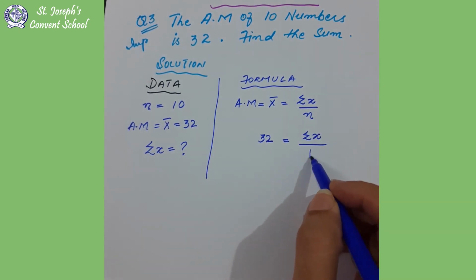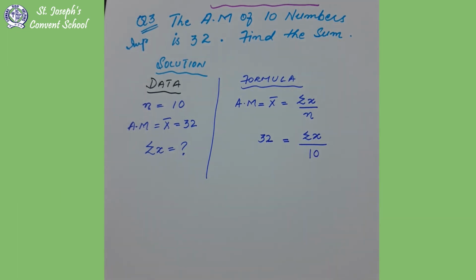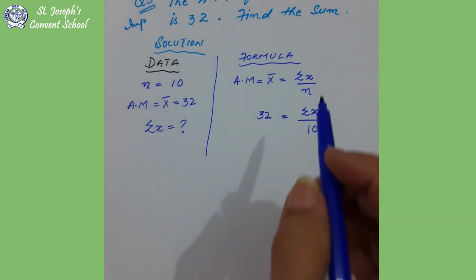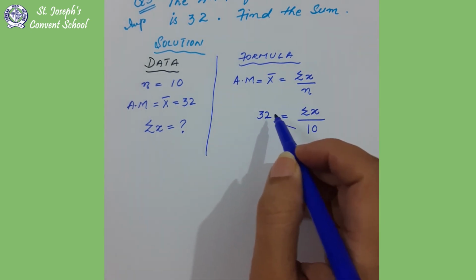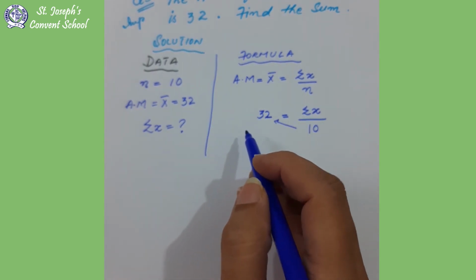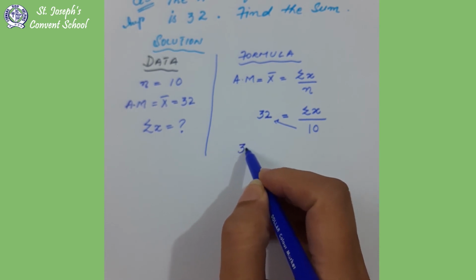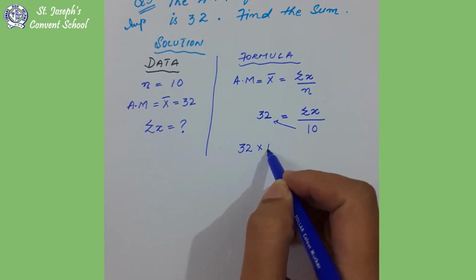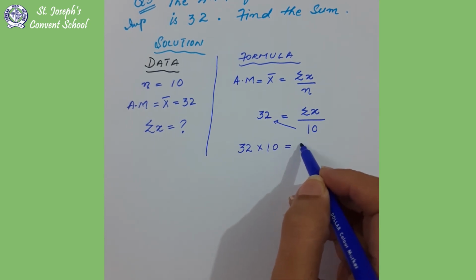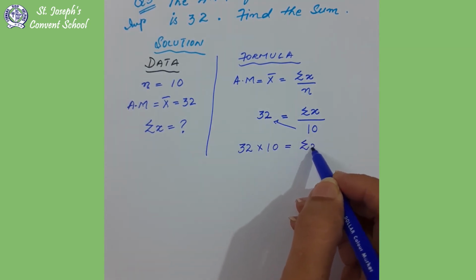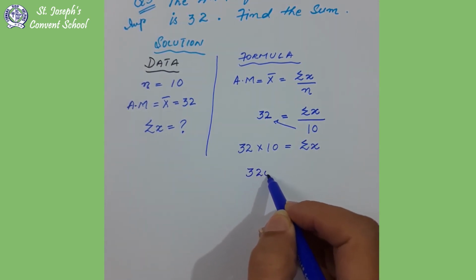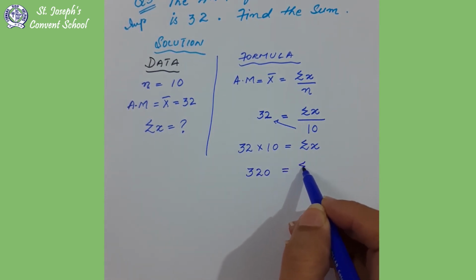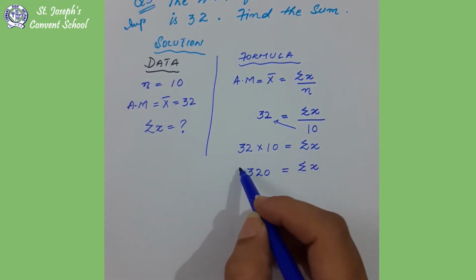Now required is only sigma x. So 10 is dividing here, so cross multiply: 32 into 10 equals sigma x. 32 into 10 is 320 equals sigma x. So this is the answer.